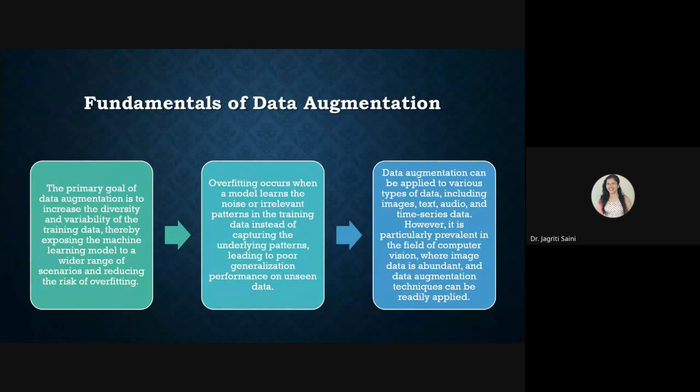So generally, the primary purpose of applying data augmentation is to increase diversity and variability in your training data, so that whenever a machine learning or deep learning model is exposed to this kind of data, we can reduce the risk of overfitting. We have already discussed that overfitting occurs when your model learns some noise or irrelevant patterns out of the training dataset.